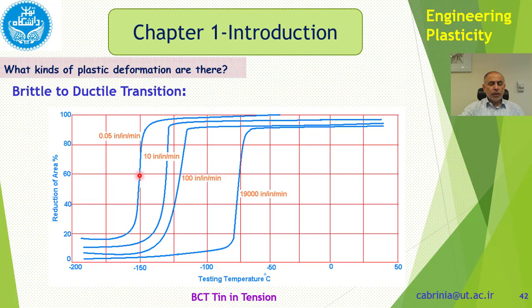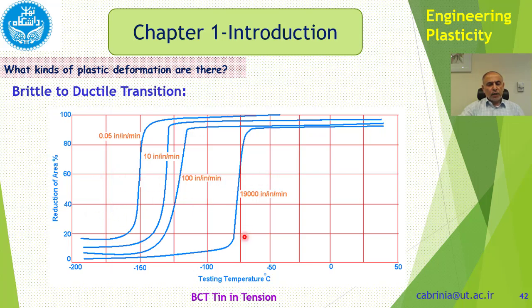Supposing the temperature decreases about 20 degrees. If the temperature increases from 20 degrees, it becomes ductile. If it decreases, it becomes brittle. Here brittle, here ductile. Now let's go to a more near this tin, because its transition temperature is here.